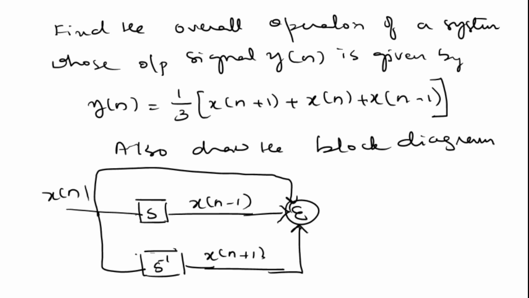That should be multiplied by 1 by 3, which is equal to y of n. Therefore, transfer function of t is equal to 1 by 3 into S inverse plus 1 plus S.